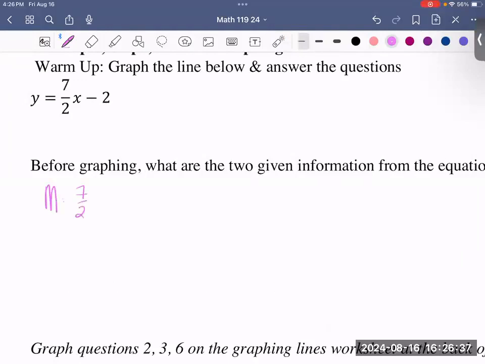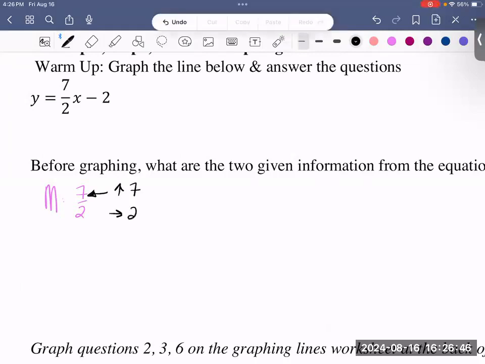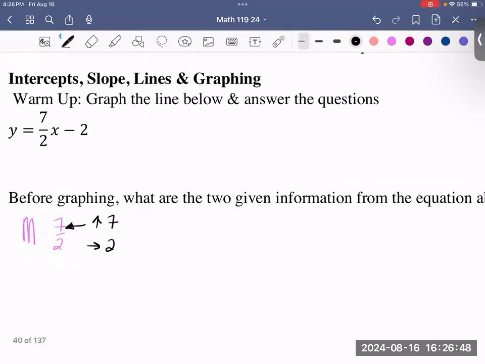Now, what does that do for us? The 7 tells us we are going to be going up 7, and the 2 says we're going to go over by 2 units. So up 7 and over 2 units.